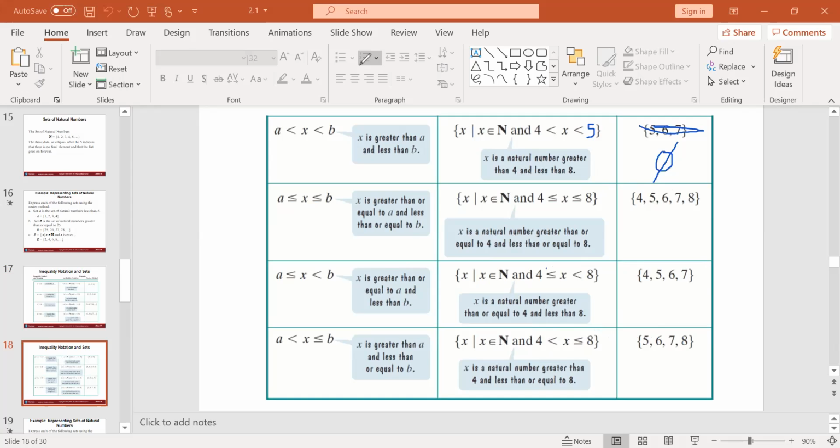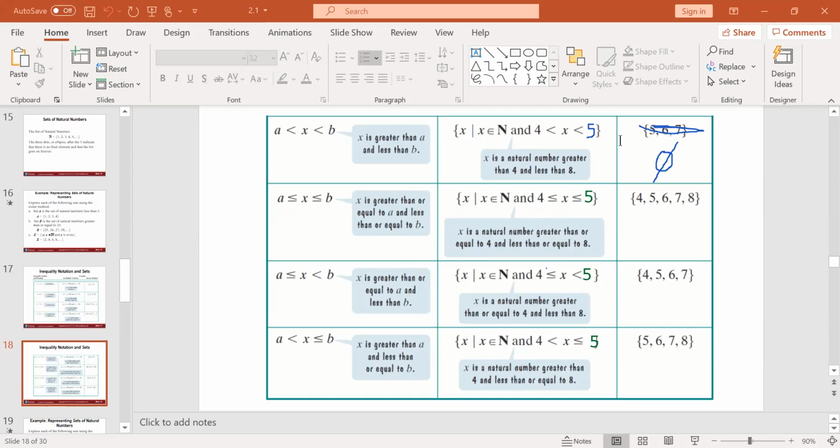Again, if I played with it a little bit, just for fun, and I changed all of those to 5s. So now these are all natural numbers greater than or equal to 4, less than or equal to 5.